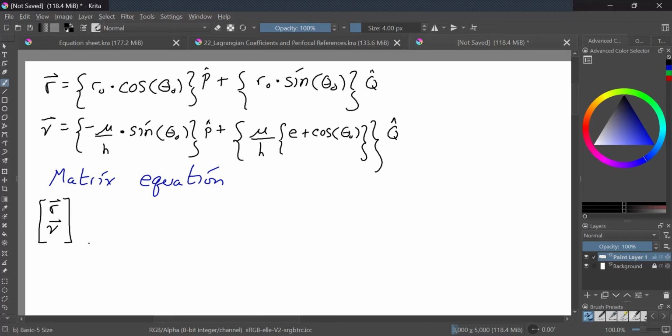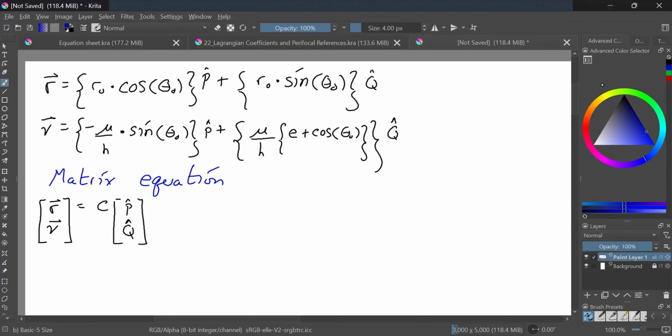That is not actually what we're doing with this one. I'll finish writing the equation because I have a specific spot where I want to put this. So I will then create a matrix C that I will define here in a second. And that is going to be multiplied by P hat and Q hat.